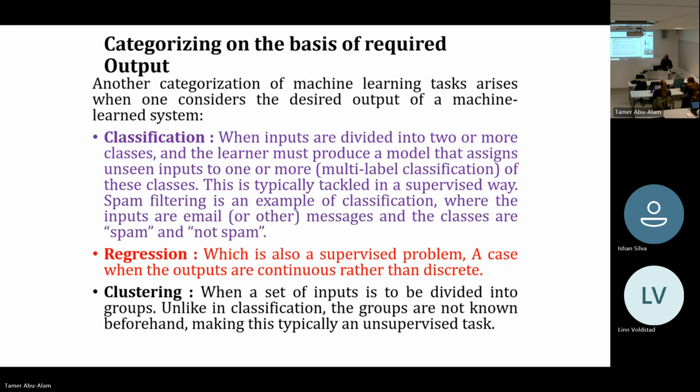Clustering is just like the example we did last week. You have data and you need to cluster them, and this should be unsupervised. Because if you train it with supervised data, there is no need for the machine learning, since you already know the clusters. What's the point of running the machine learning?